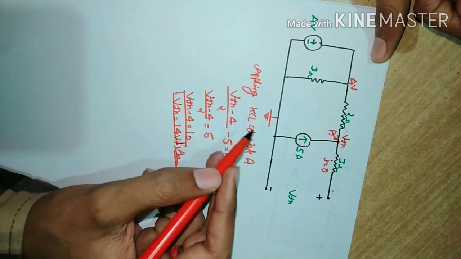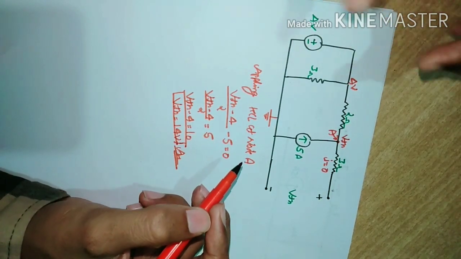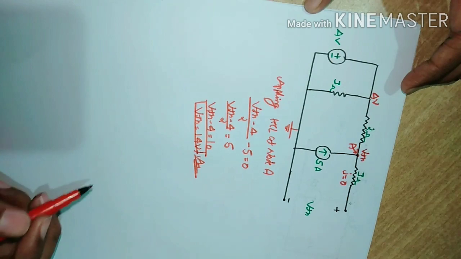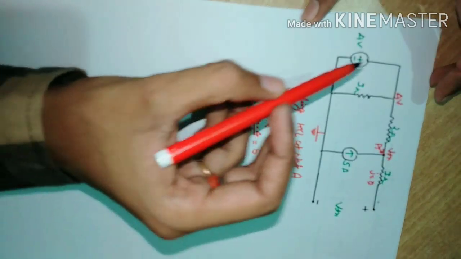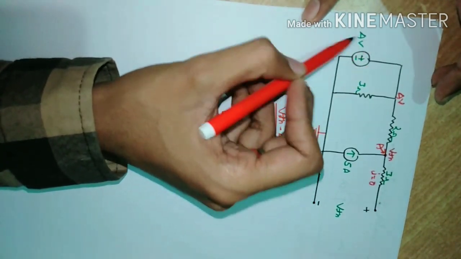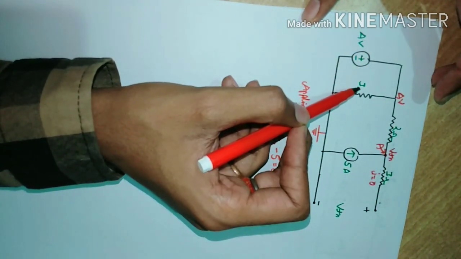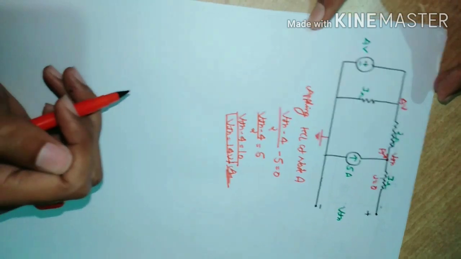This is one way to solve this question. Another method to solve this question is by source transformation. We can convert this 4 volt source into a current source, like this.